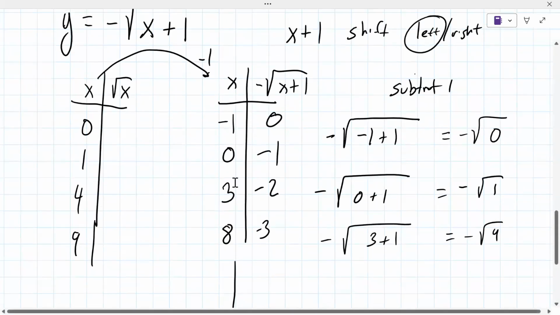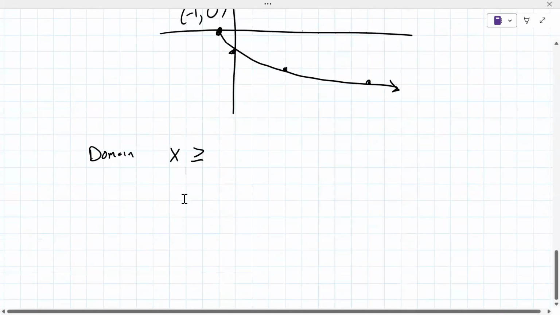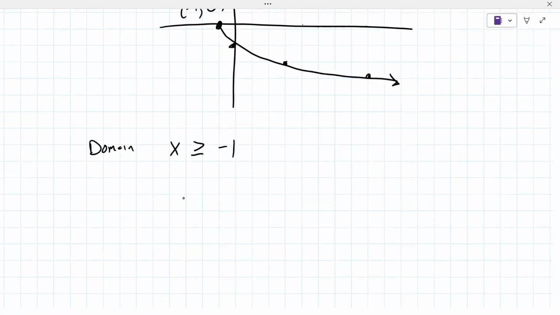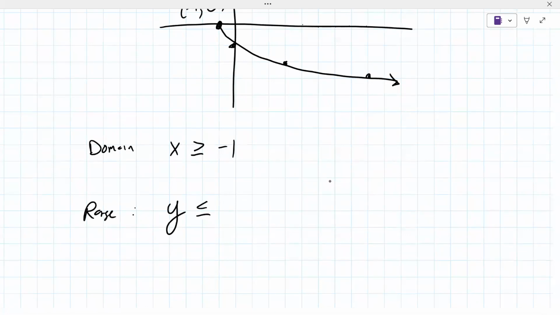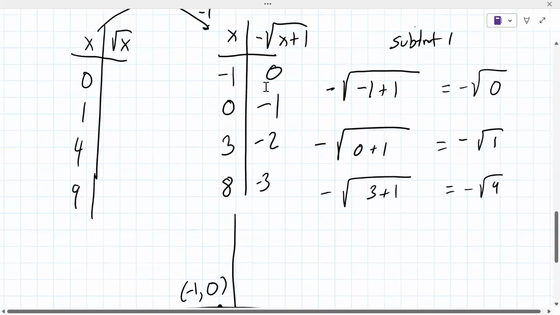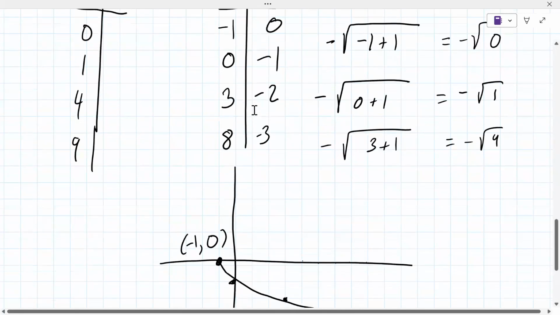What's the smallest x value in the table? -1, because 0 is after a negative. All right, the range is the y values. Are the y values going up or are they going down? They're going down. So it's y less than or equal to. What is the largest y value in the table? That's a 0.